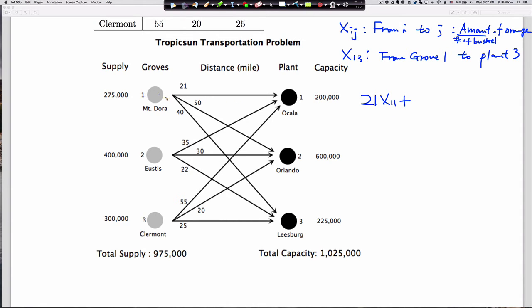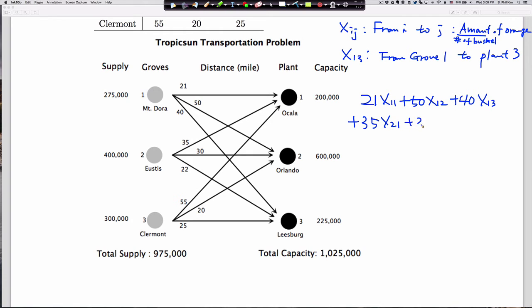Next is 50, this is 50, 1 to 2, 50 times x12 plus 40 times x13, because this is 40, it's 1 to 3, right? And then I don't know how much I will send, but anyway, if I choose this number, this will be your all transportation cost.